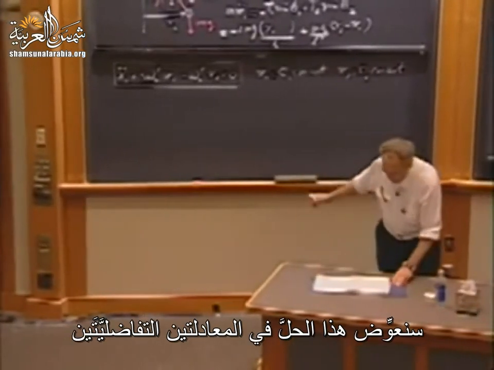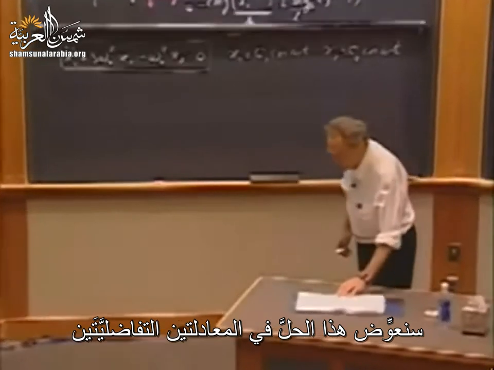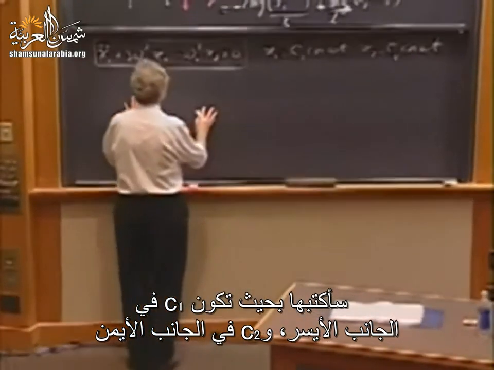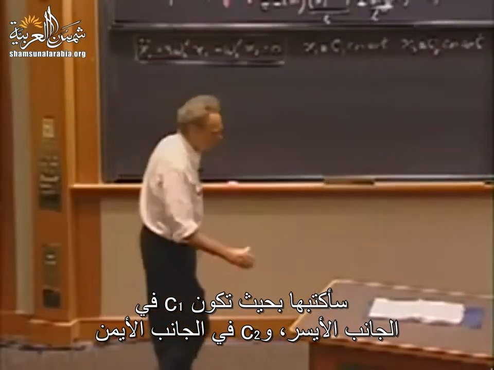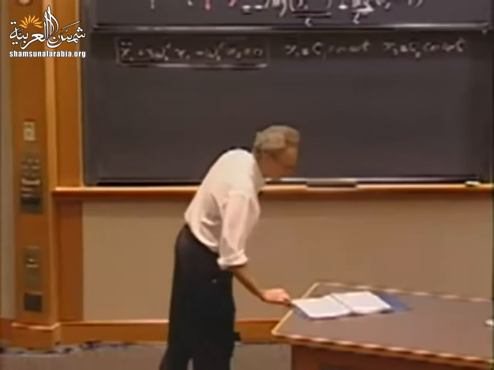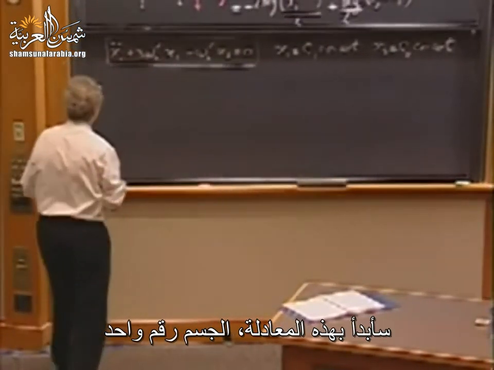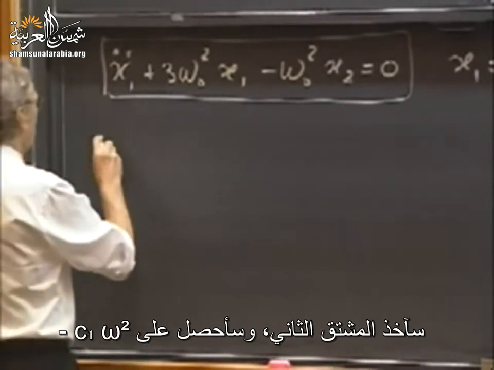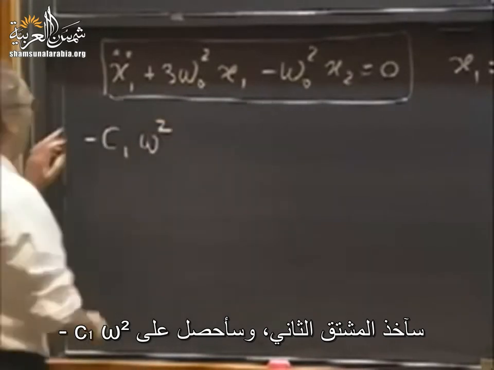So now we're going to substitute this solution in these two differential equations. And I'm going to write it down in a form that I put the C1s to the left and the C2s to the right. And so I'm first going to this one, that is my object number 1. I take the second derivative, so I get C1 times minus omega squared.